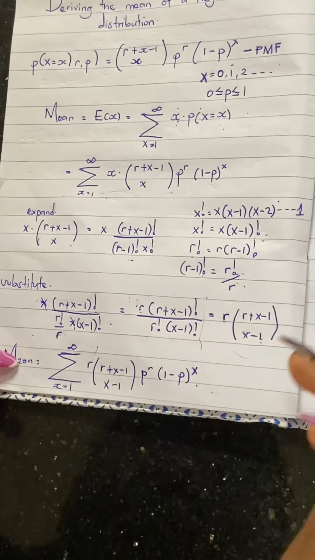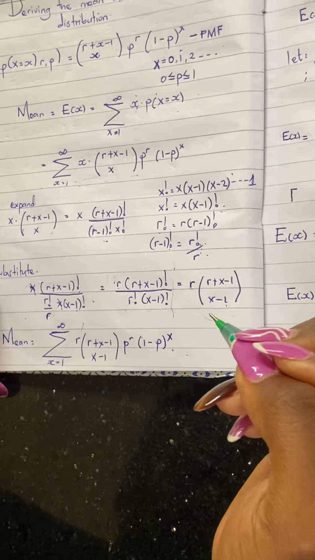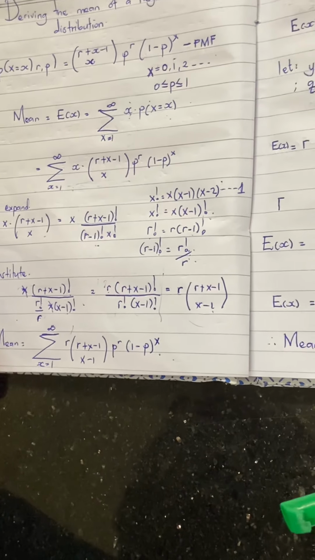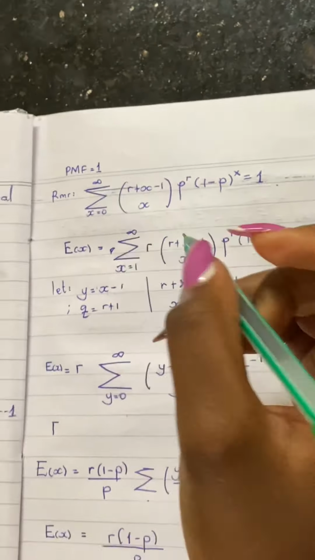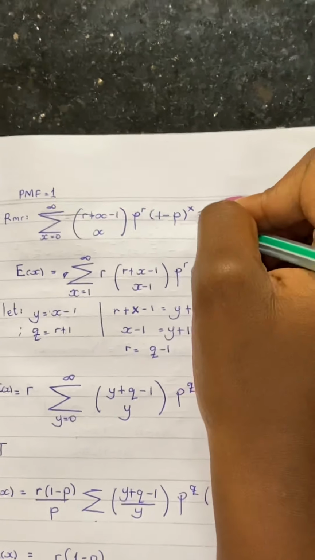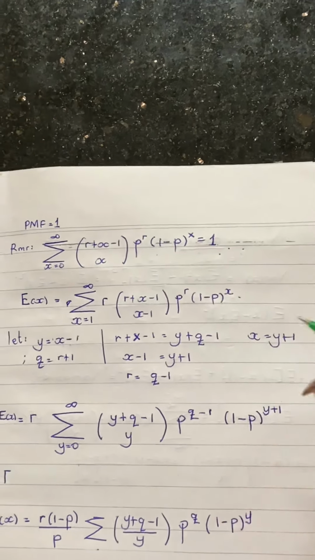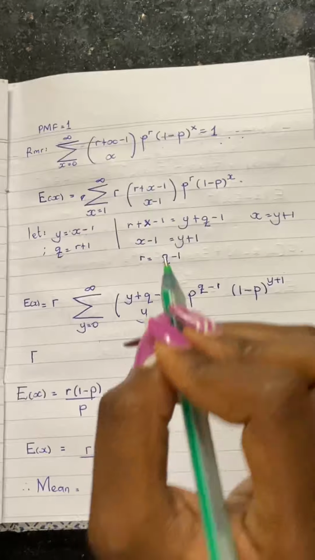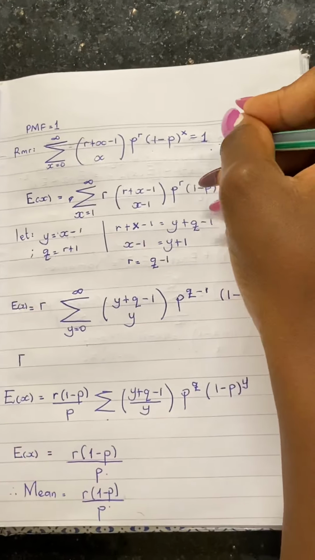So when we substitute it here, remember we are deriving the mean of a negative binomial. When we reach this step, we recall that the PMF, the probability mass function, sums to 1, and this is the function. So we want to make a function similar to the PMF.